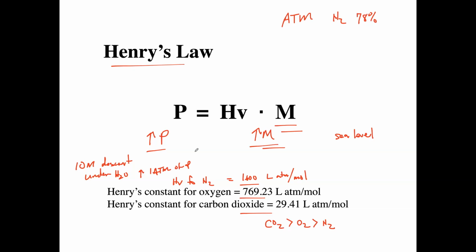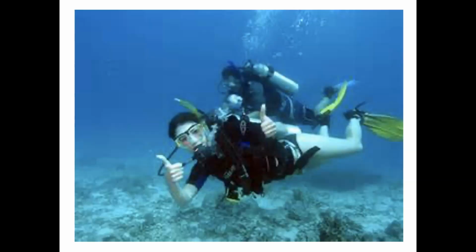So let's take a look at this situation. Here we have a diver, and here we have our tanks that the divers are using. Of course, they're using a ventilator to get those gases into their cardiovascular system.